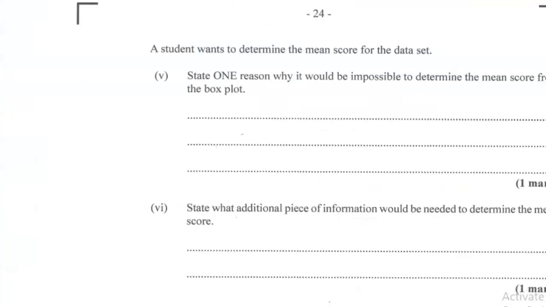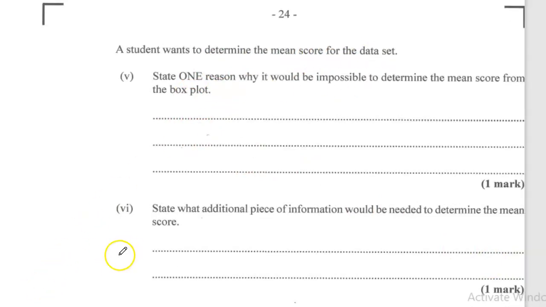Next, a student wants to determine the mean score for the data set. State one reason why it would be impossible to determine the mean score from the box plot. Remember that the formula for mean is the sum of all the individual scores divided by the total number of students. And we do not have that.